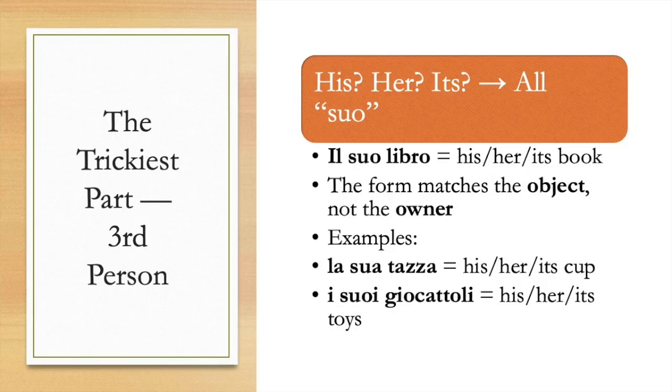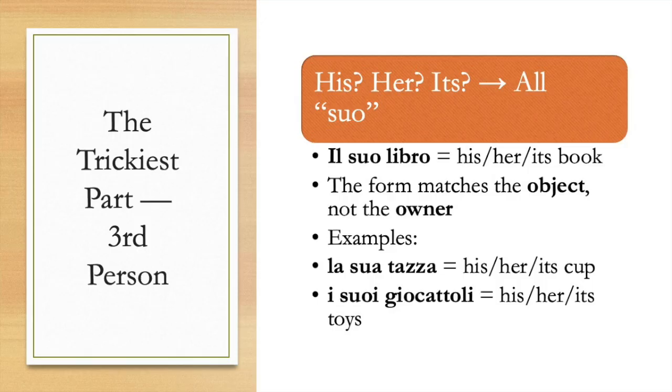Let me show you what I mean. La sua tazza, that's his, her, or its cup. I suoi giocattoli, those are his, her, or its toys. See how sua and suoi match the gender and number of the noun.